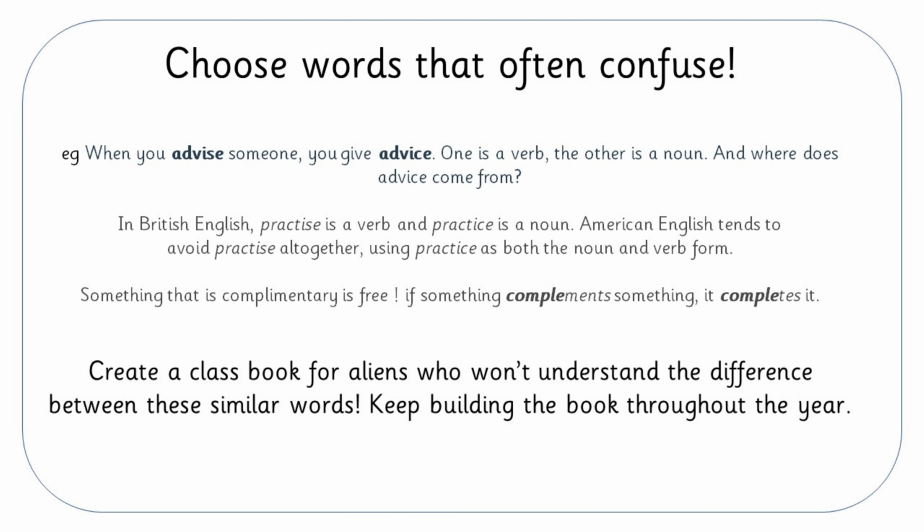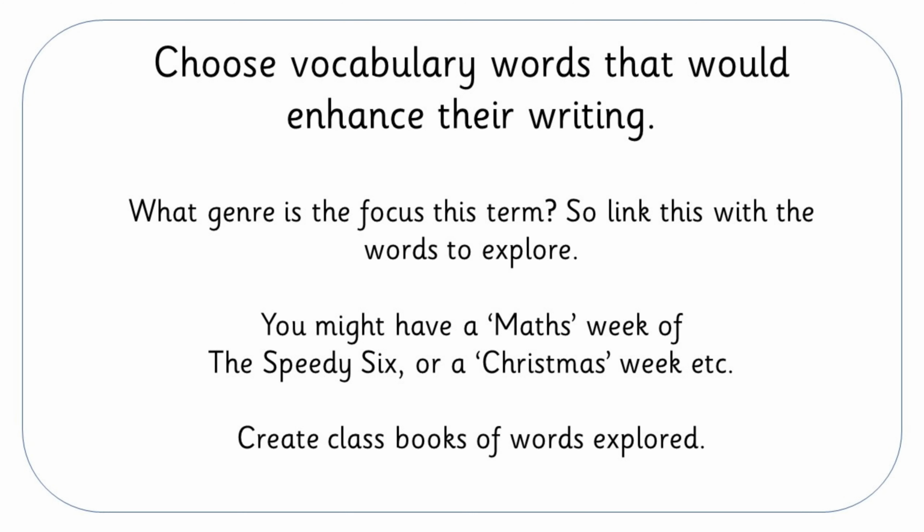One week you might decide to choose words in the Speedy 6 that often confuse people. So there's a theme to your Speedy 6. Link it with your literacy focus or your maths focus. You might be learning about shapes or what have you. Well, use the names of the shapes in your Speedy 6 and explore where those words came from.